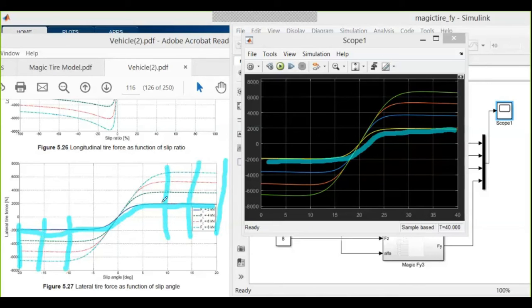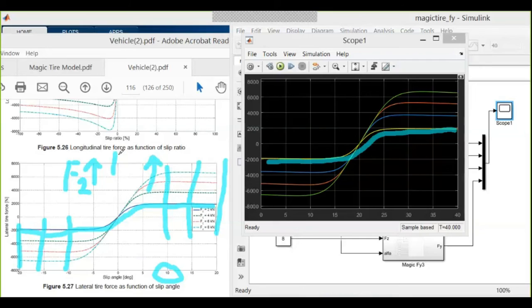For example, at 10 degree slip angle, when you increase Fz, from blue line to green to red, and then to light blue, the lateral force also increases.